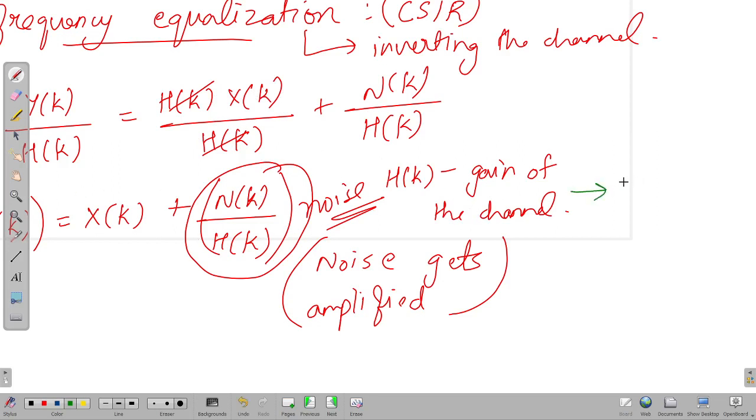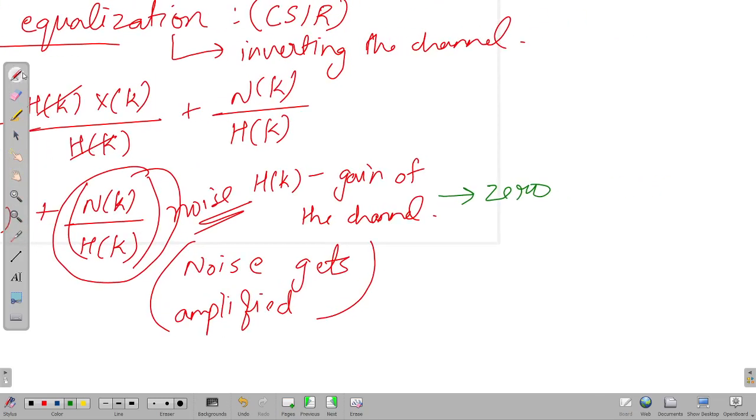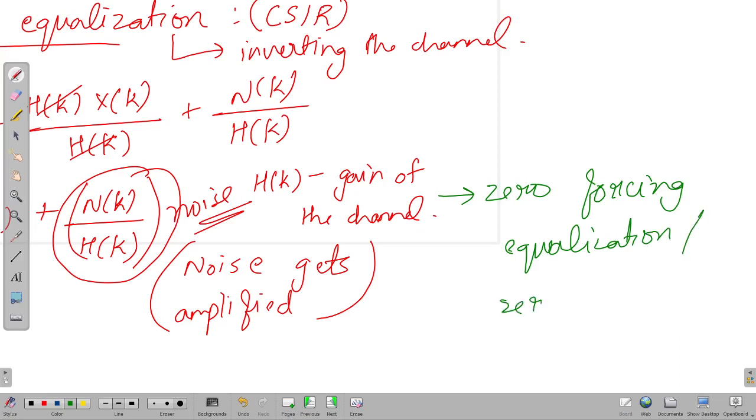It is also known as zero forcing equalization or zero forcing receiver. So ZF, zero forcing equalization or zero forcing receiver.